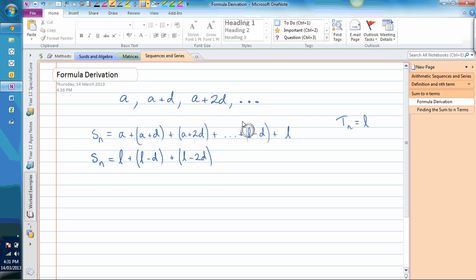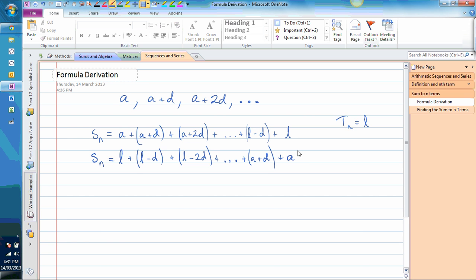That would be the term coming just before that, even though I didn't write it on this line. That's going to continue on. Somewhere in here, the next term that I haven't written would be A plus 2D. The second last term that I'm going to write out this time is A plus D, and the last term is A.